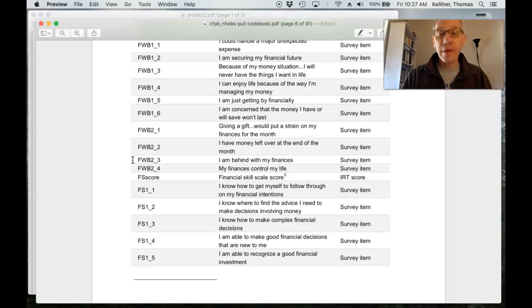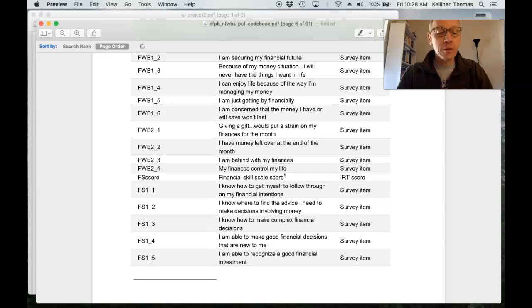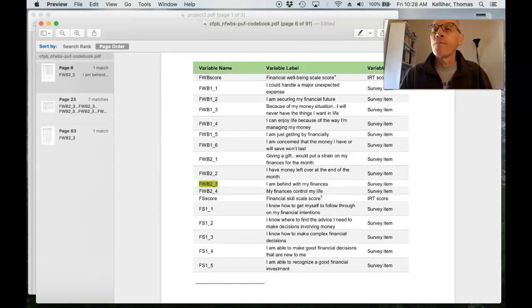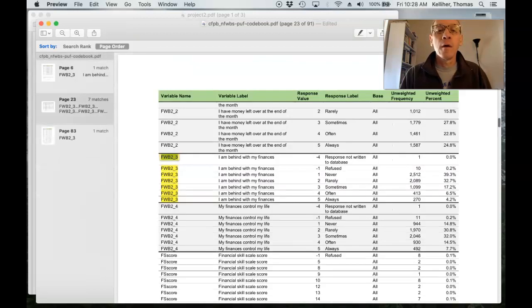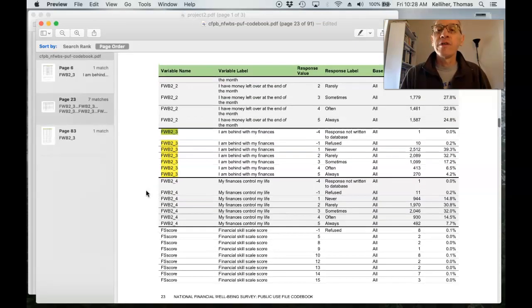The next thing for me in this example is to find out what the survey responses look like. The easiest way to do that is with a search. I don't need to match the capitalization with the search because this isn't Python. So here are the survey responses. Behind my finances, so there's a range from 1, never, to 5, always.